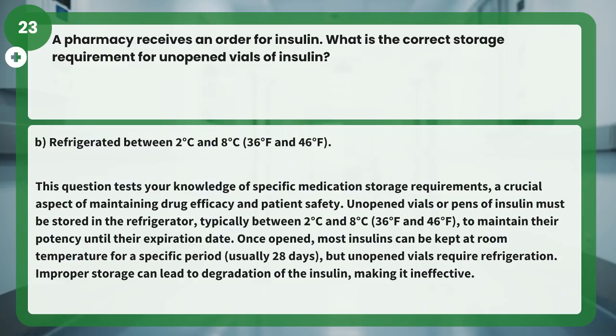Unopened vials or pens of insulin must be stored in the refrigerator, typically between 2 degrees Celsius and 8 degrees Celsius, 36 degrees F and 46 degrees Fahrenheit, to maintain their potency until their expiration date. Once opened, most insulins can be kept at room temperature for a specific period, usually 28 days, but unopened vials require refrigeration. Improper storage can lead to degradation of the insulin, making it ineffective.